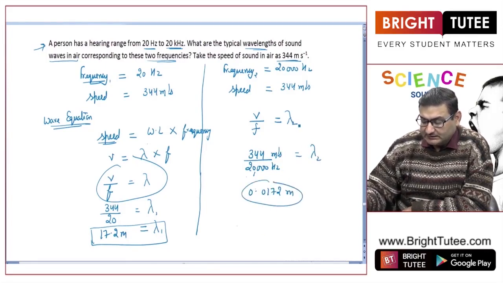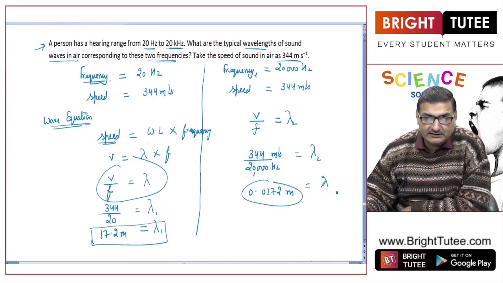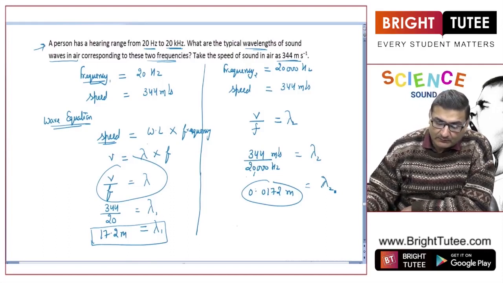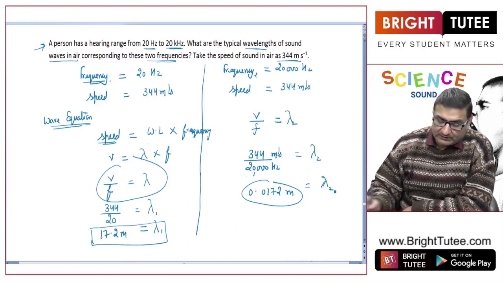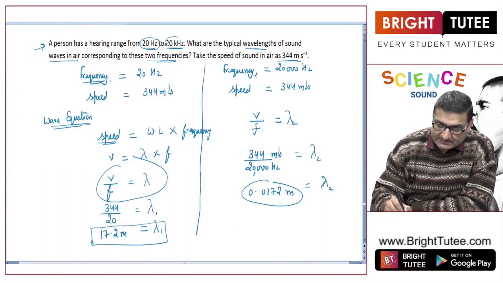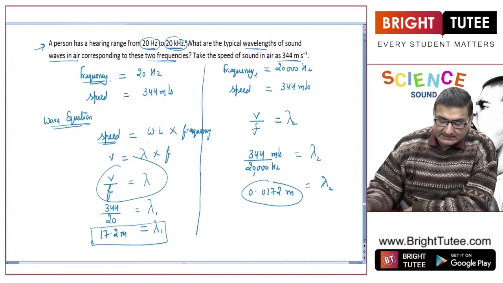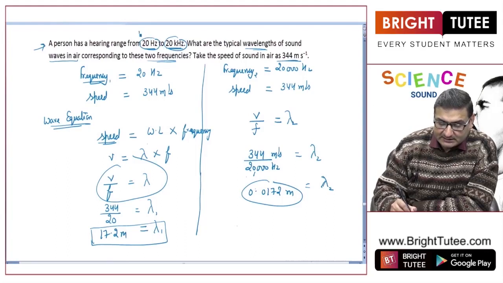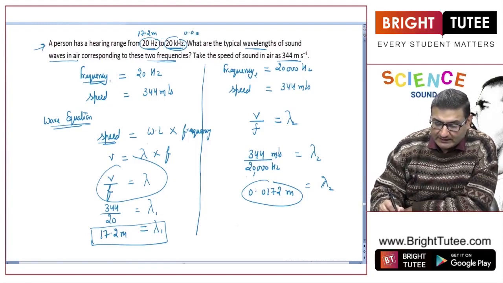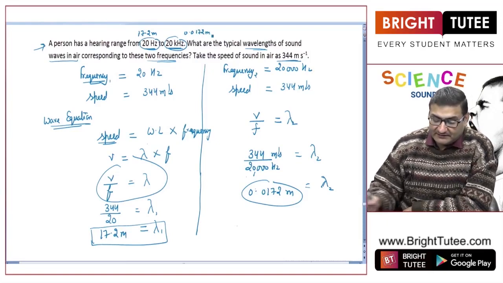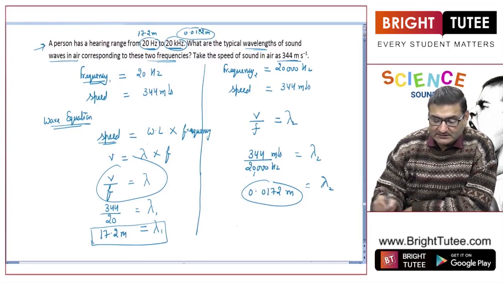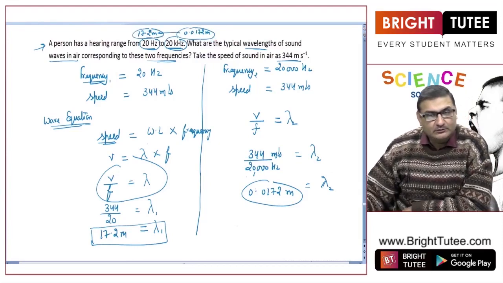This is the wavelength when the frequency is 20,000 Hertz. So, now we can relate that the wavelength of sound corresponding to the frequency range of a person, that is 20 Hertz, is 17.2 meters, and 20 kilohertz is 0.0172 meter. So, the wavelength range is from 0.0172 meter to 17.2 meter.